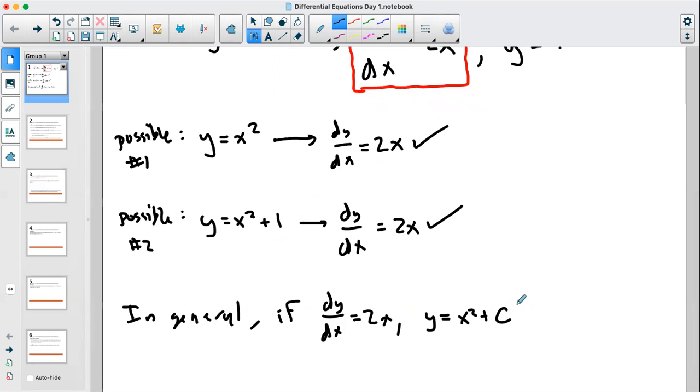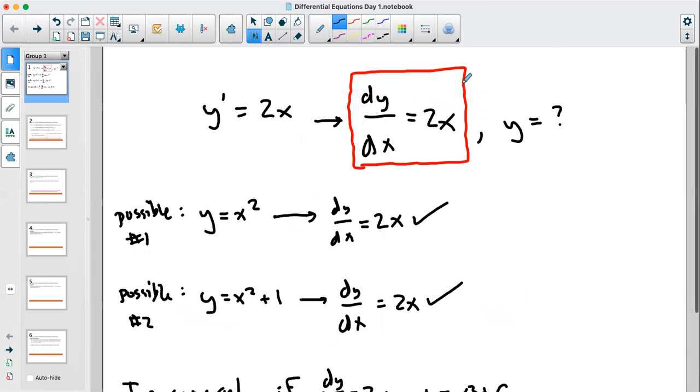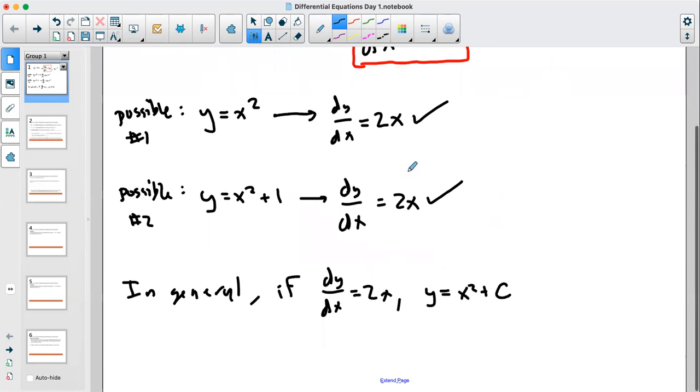So this is a general solution to this differential equation. This differential equation asks, if dy dx is 2x, what is y? And y could be x squared, it could be x squared plus 1. Really, when we add the 1, we realize I could add any constant here. So in general, if the derivative of some function is 2x, then that function must be x squared plus some arbitrary constant.